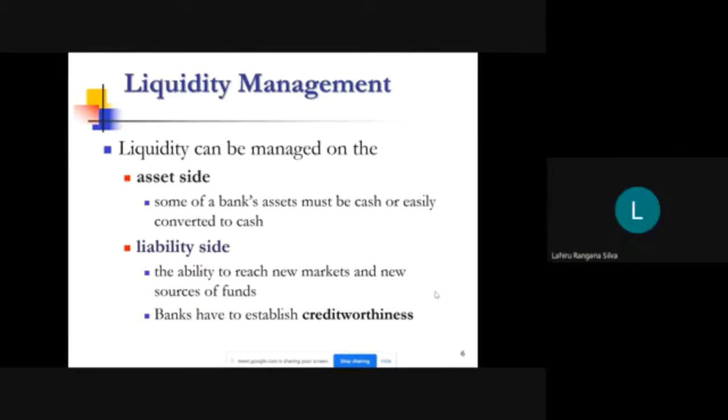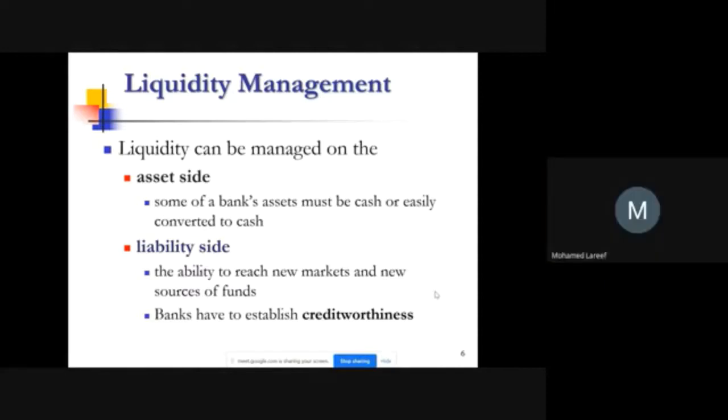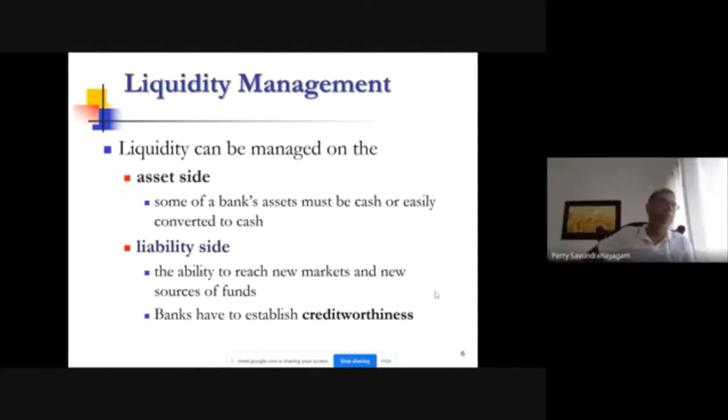For example, if you have an asset like a treasury bill that can be easily converted into cash, and there is a readily available secondary market, does it mean your cost is higher or lower? It's lower, sir. Lower, because you can always go out and liquidate it. If you don't have a secondary market, or you have a very illiquid secondary market, what happens to the asset then?